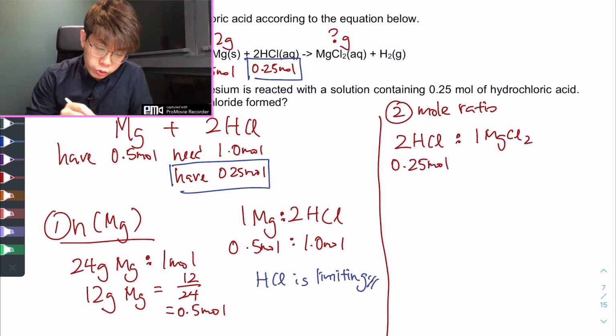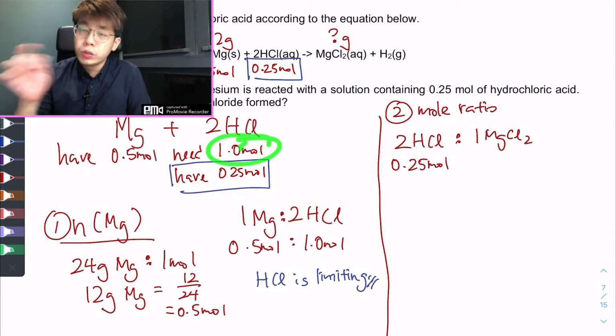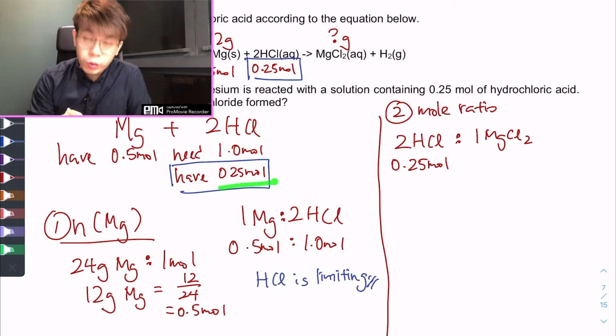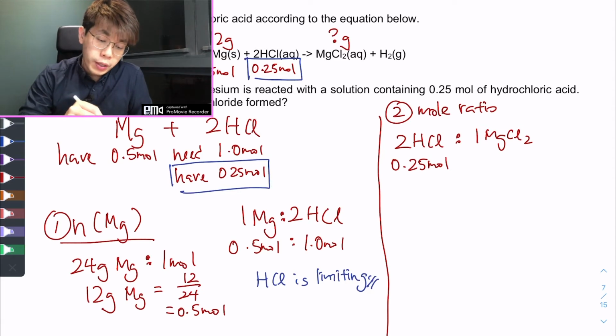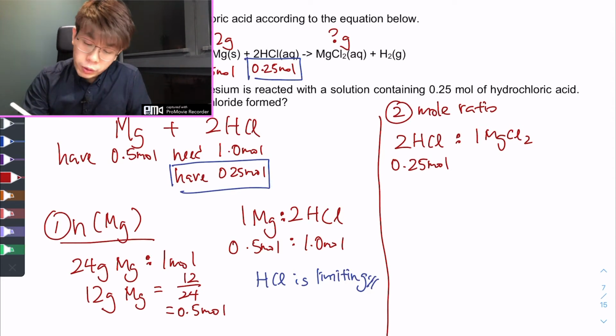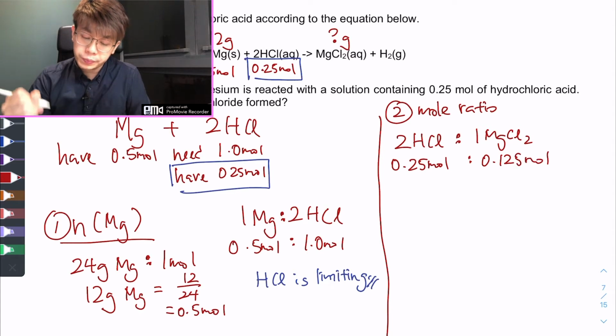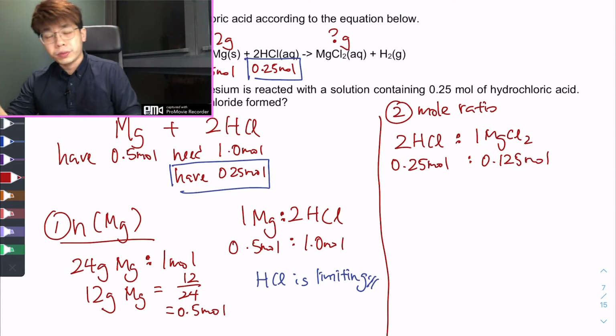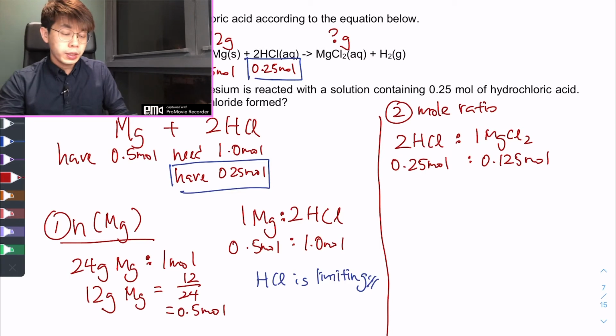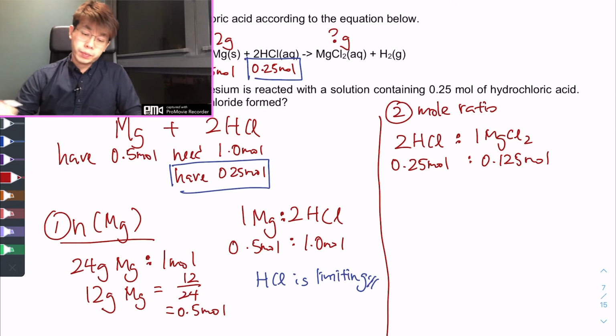I'm not going to use the 1 mole here because that's not what I have, but I have 0.25 moles. So my ratio tells me if I have 0.25 moles, I will have 0.125 moles over here. And when I have 0.125 moles here, what do I use? I use my molar mass.